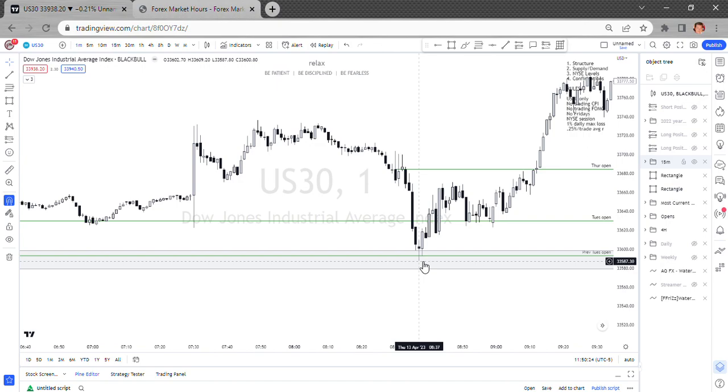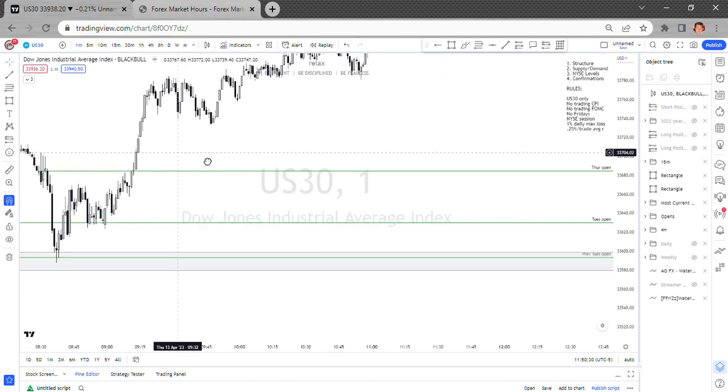This was kind of a risk entry because technically I never broke this 1-minute structure to take this trade.